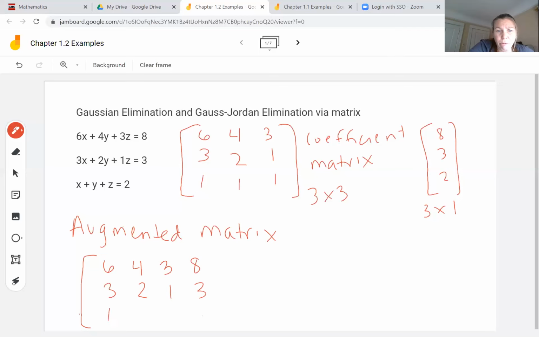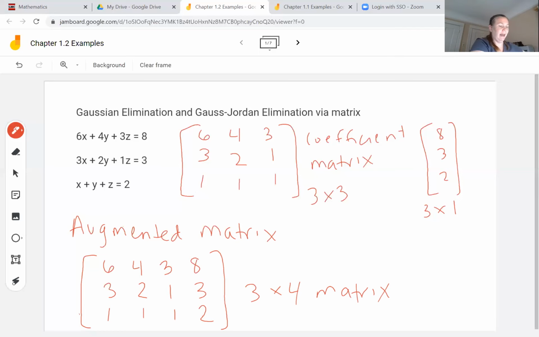And our last row will be 1, 1, 1, 2. So this is a 3 by 4 matrix corresponding with the system of equations that we have here. It's a 3 by 4 matrix because there are 3 rows and 4 columns.